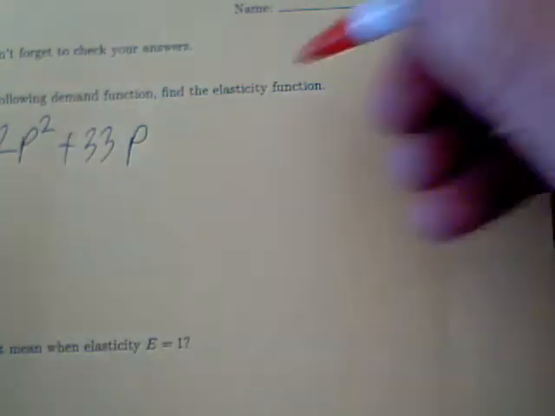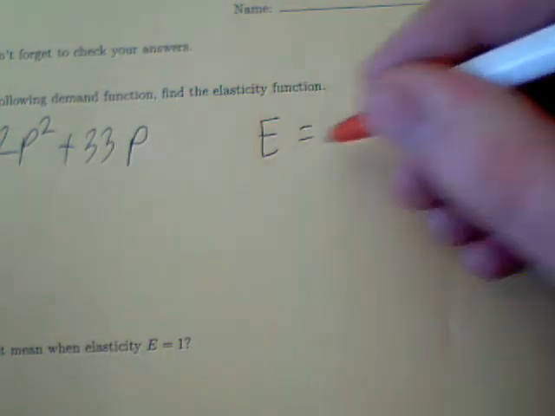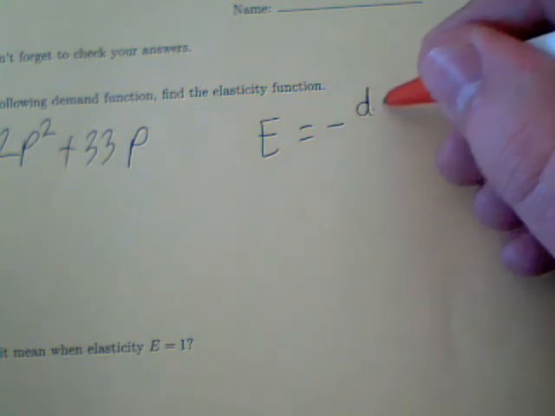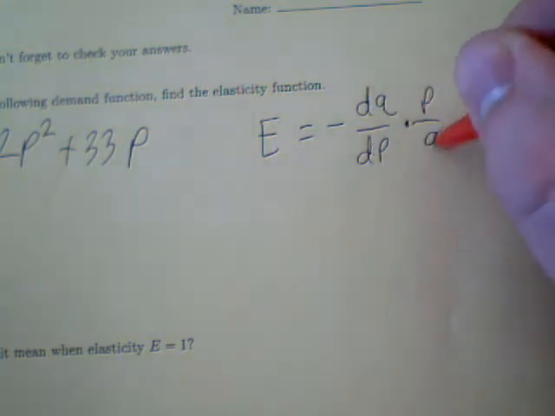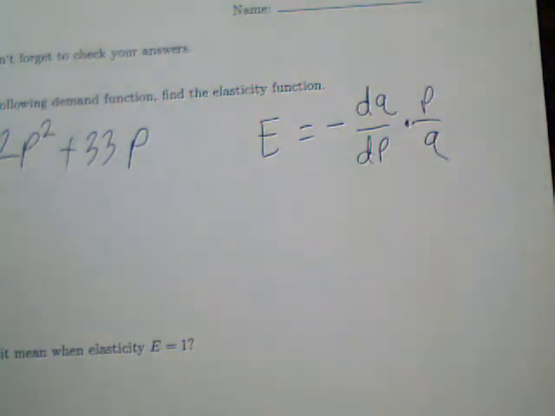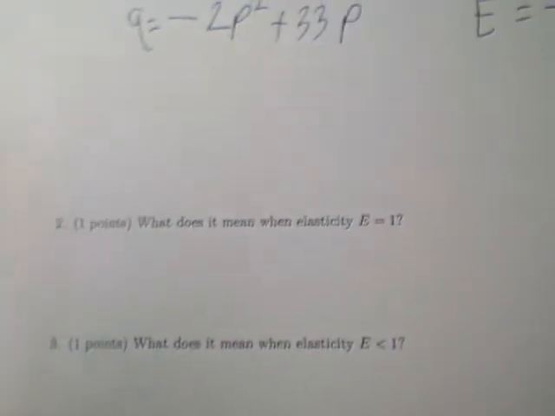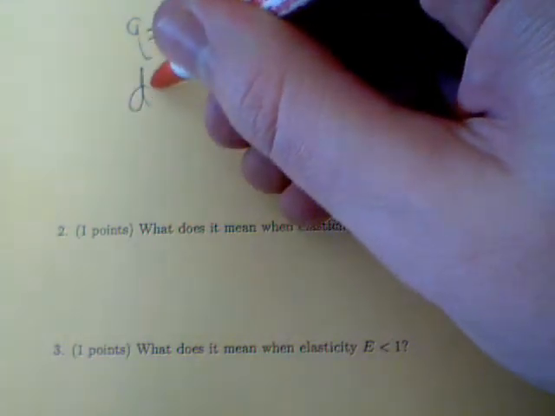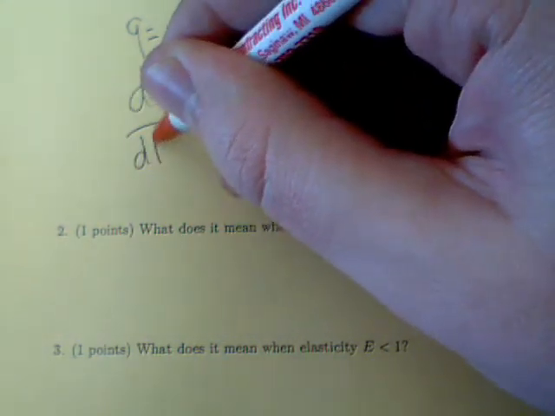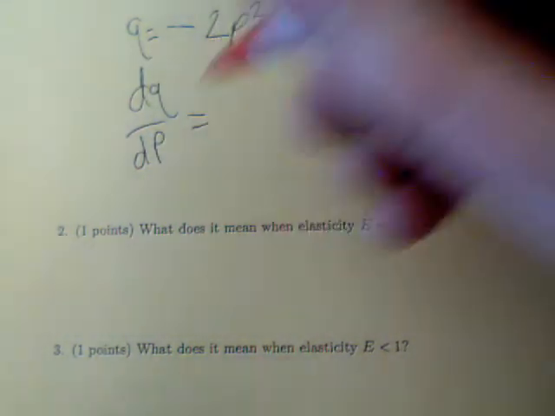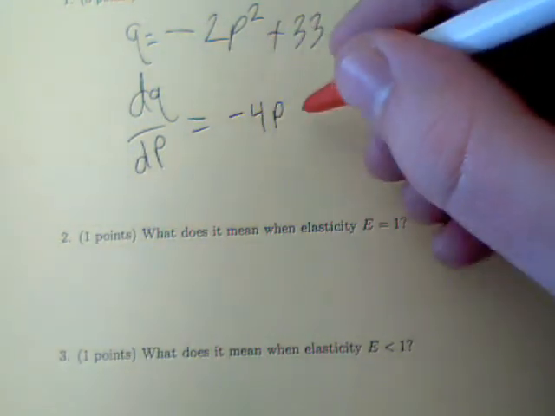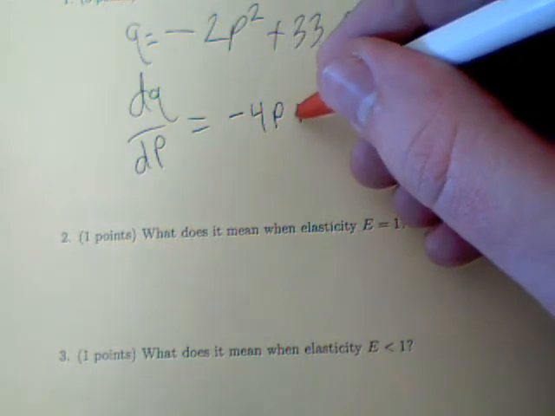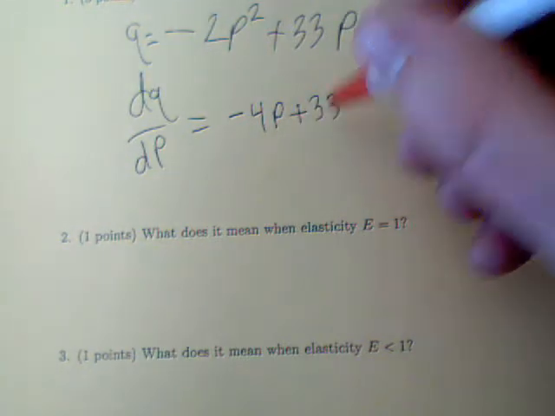Alright, so in this case remember that the elasticity is negative dQ/dP times P over Q. Okay, and if you can do that, well, you know, dQ/dP is going to be negative 4P plus 33.